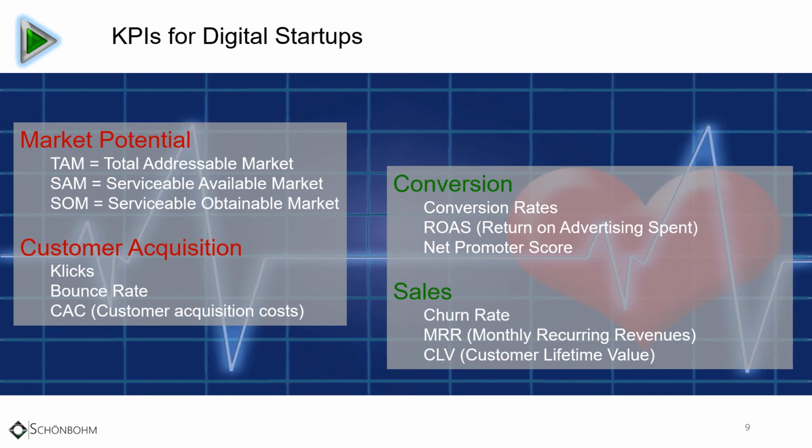The return on advertising spend is an indication whether a certain advertising campaign is working or not. In the digital world, where we depend on Google or other ways of attracting attention, maybe through online games or wherever, we have to really measure what is going on.